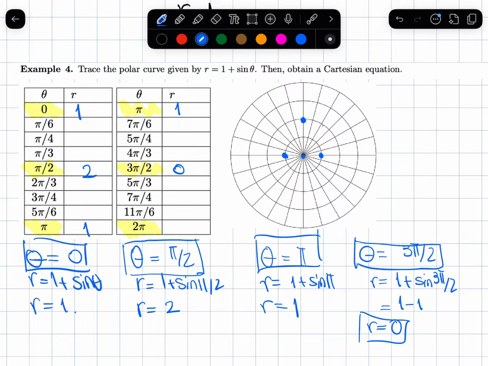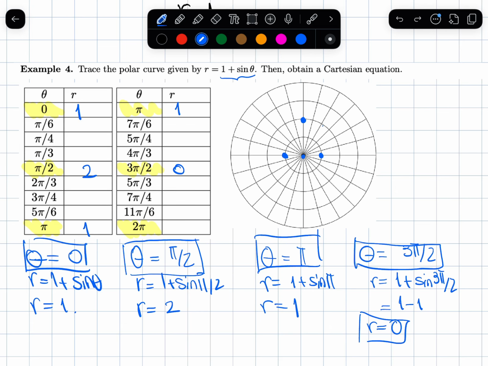You can plot some points in between if you feel like, but what I will say is that you're getting positive values here. You're never getting negative values for r. Just look at this. Sine could never be less than -1 for it to cancel out this +1.